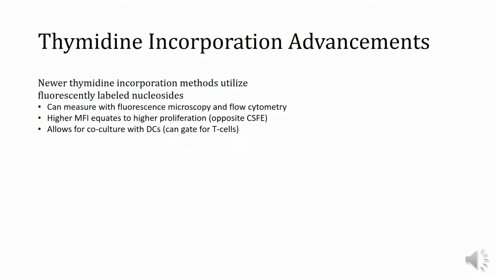The higher MFI, mean fluorescence intensity, equates to higher proliferation. This also allows for co-culture with dendritic cells, in that using flow cytometry you can gate for only the T cells. So even though you're labeling the dendritic cells, you can filter those out when you do your flow cytometry. A number of different fluorescent thymidine analogs have been used.